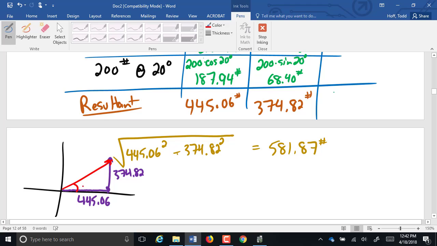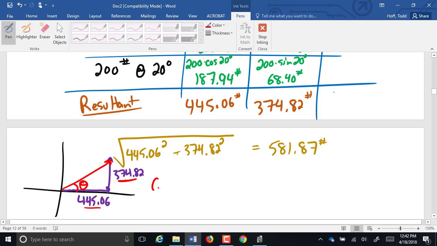This is the angle I'm looking at right here. Now, do I expect that angle to be more or less than 45 degrees? The opposite side is smaller than the adjacent side. I'm expecting it to be smaller than 45. If those two sides were equal, that angle would be 45 degrees.